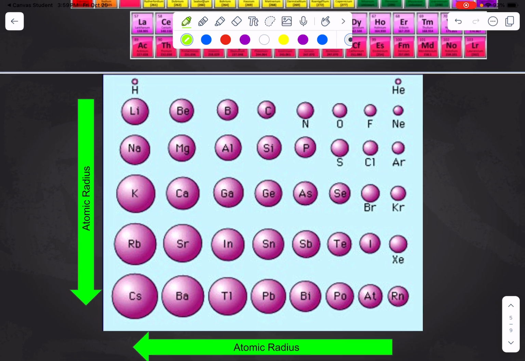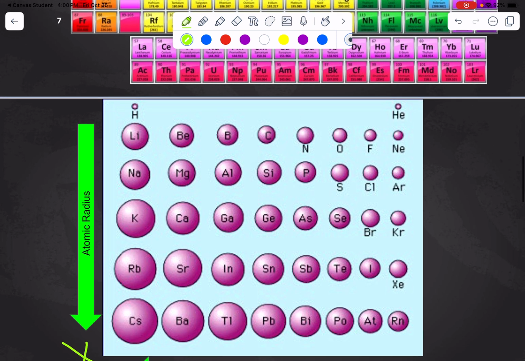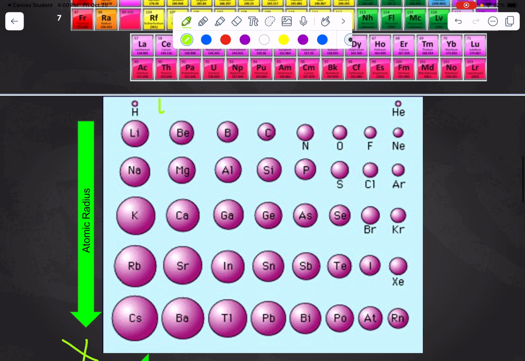Now, this kind of highlights what you were doing with your trend graphing activity. And notice that in the bottom corner here, that's where the largest atoms are. Sometimes students have a hard time understanding this, but as we're going left to right, the atomic number is increasing.